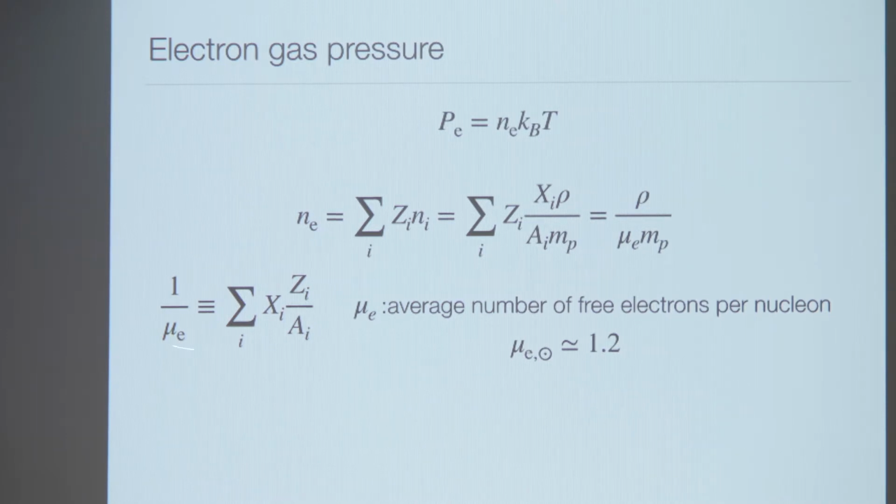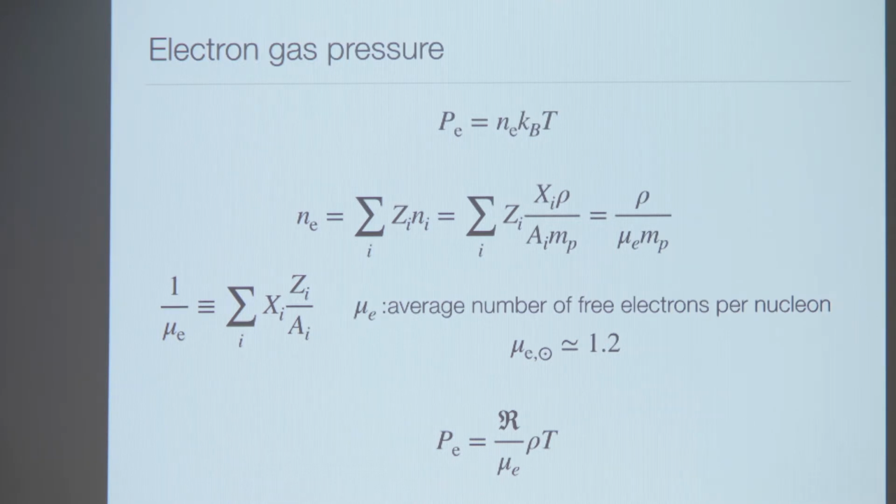And then we can define this average number of free electrons per nucleon, and in the solar composition it's like 1.2. In this way, we can write the electron number density in terms of just the density. Again we get almost the same equation of state for the electron gas.